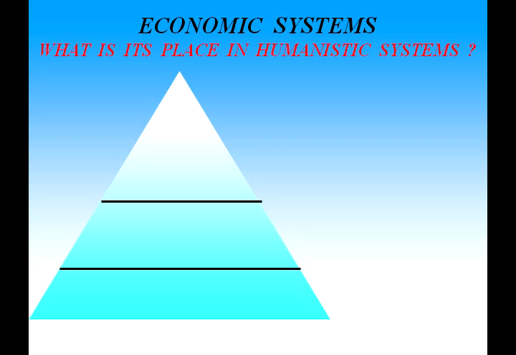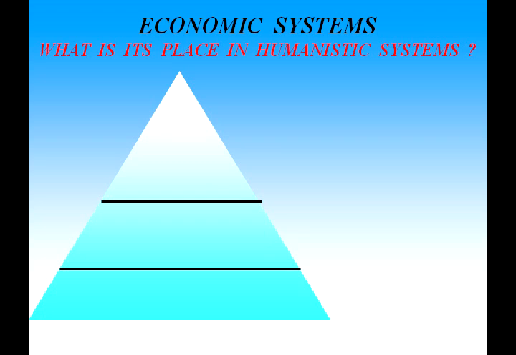And coming off the last point that I made, it's important to note that a society can function without two of the three humanistic systems. The one that it cannot function without is an economic system.